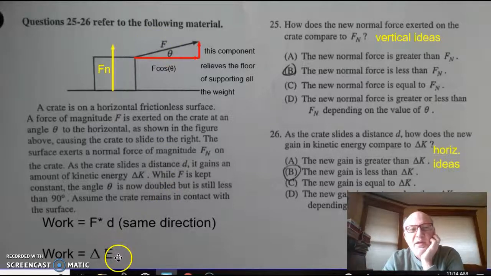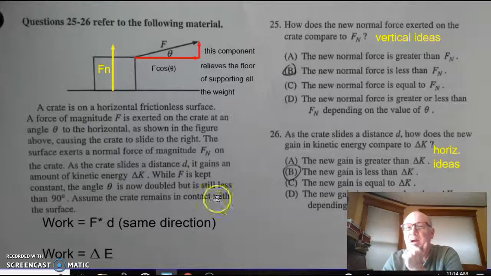At the same time, we know that work will result in the change in energy of an object, and in this particular case, because it's not going to gain any potential energy, it can only gain kinetic energy. So this product of F times d will be a direct link to how much kinetic energy changes for the crate.